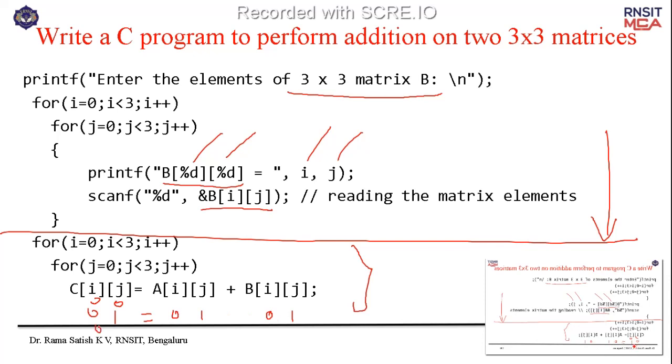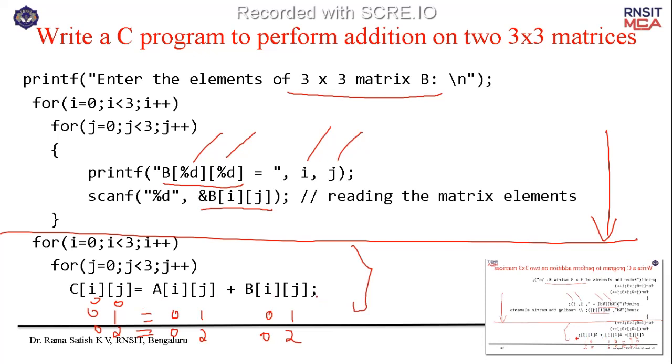Next 0 2, same way, A of 0 2 plus B of 0 2 are added and stored. And of course, same way, 1 0, C of 1 0 is equal to A of 1 0 plus B of 1 0.